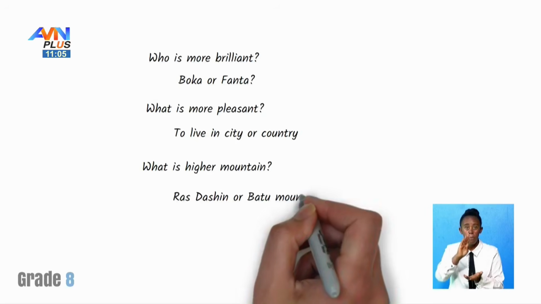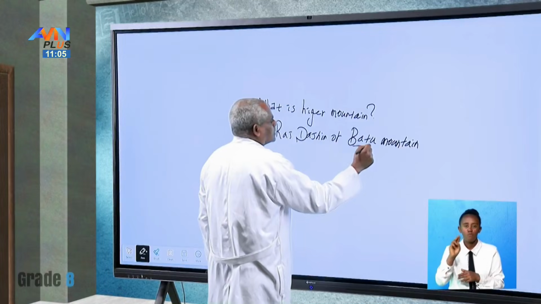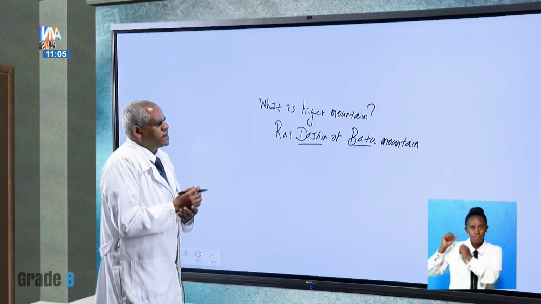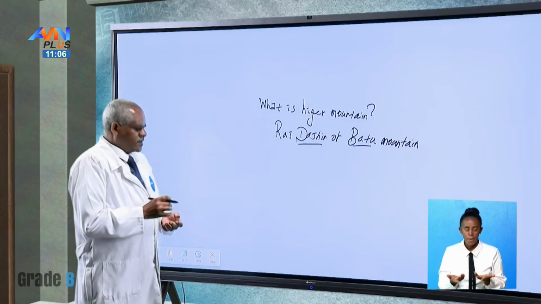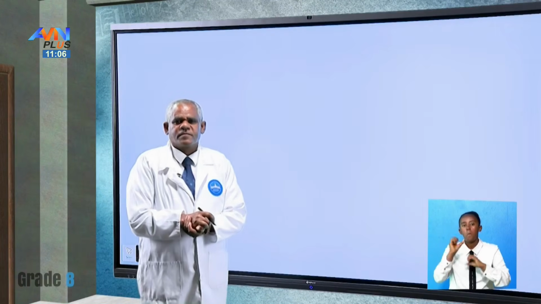Batu Mountain. So there are two mountains here. Higher, here, there. Still there are two in number. And then, here is another case of comparatives, let's see.